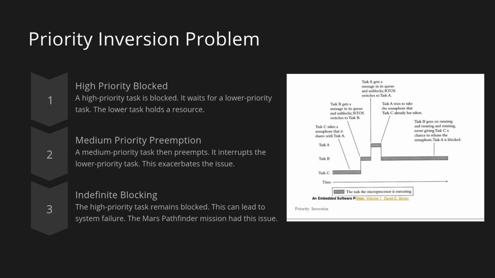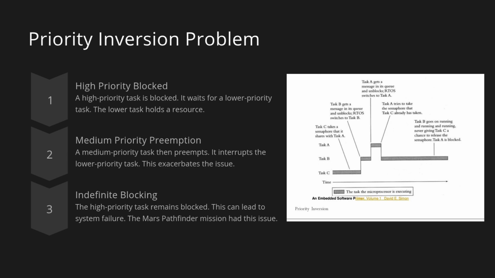Priority inversion is a problem that occurs in real-time operating systems where we have to manage resource locking. It occurs when a low priority task holds a resource and then a high priority task has to wait for the low priority task to finish its critical section before acquiring the resource. Now, if a medium priority task which does not require the resource has to execute at the same time, it preempts the low priority task.